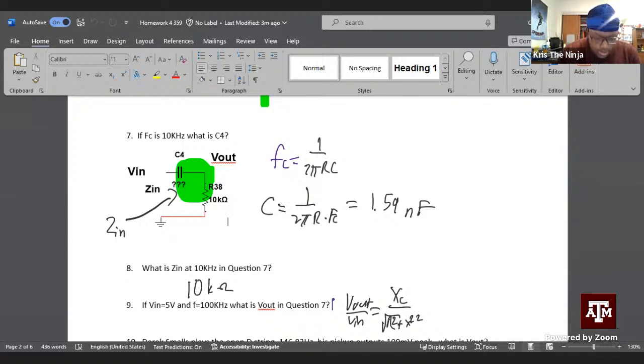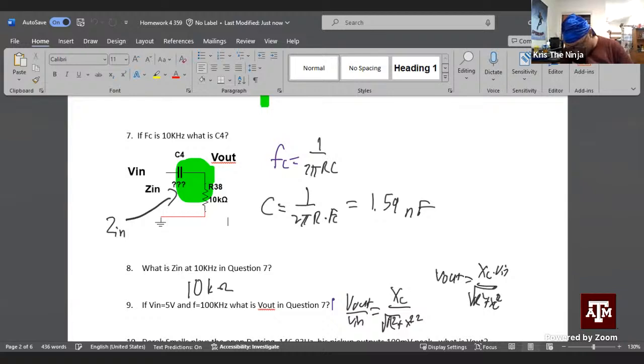So V out actually equals XC times VN over the square root of R squared plus XC squared. Okay, so we can do that.